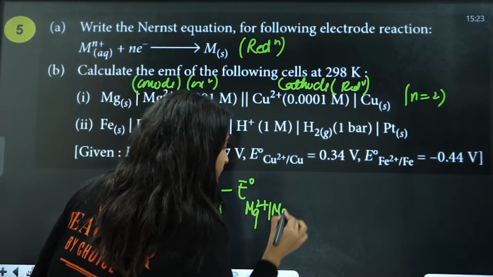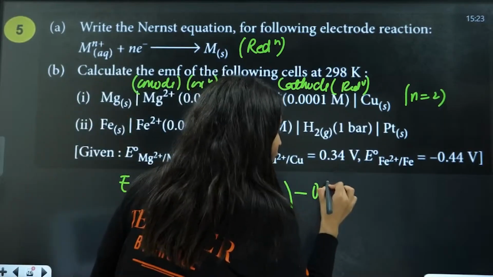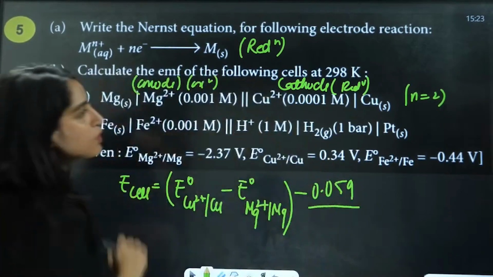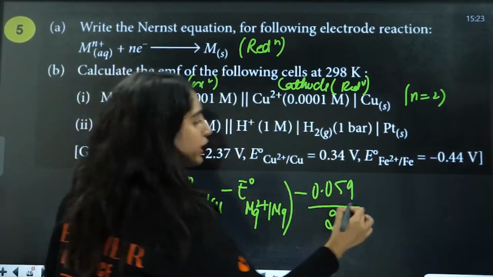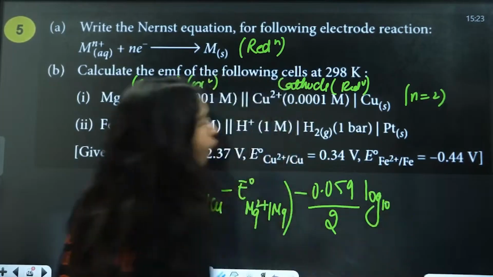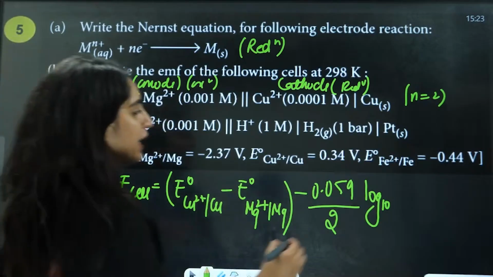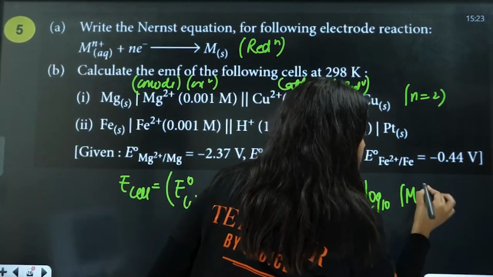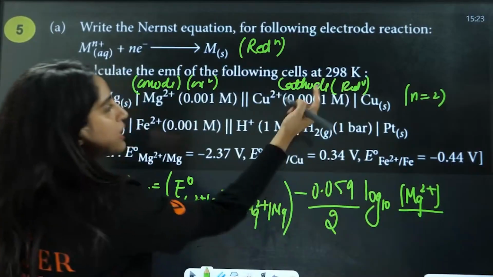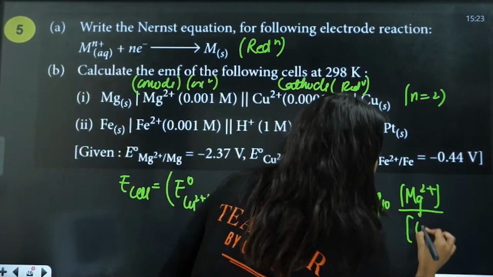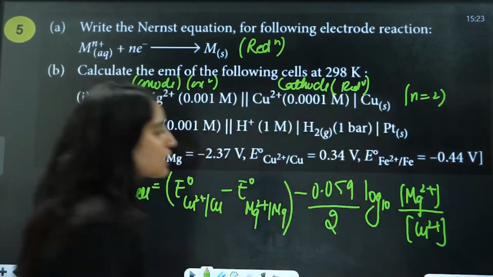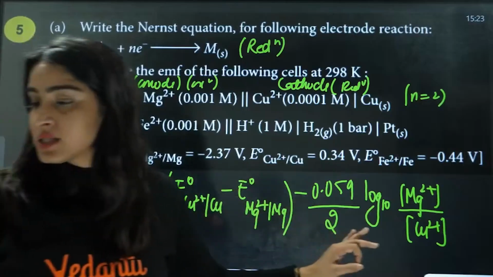Then minus 0.059 by 2, log base 10 of oxidation by reduction. The oxidation is Mg2 positive concentration divided by the reduction, which is Co2 positive concentration. This is how you write the Nernst equation.